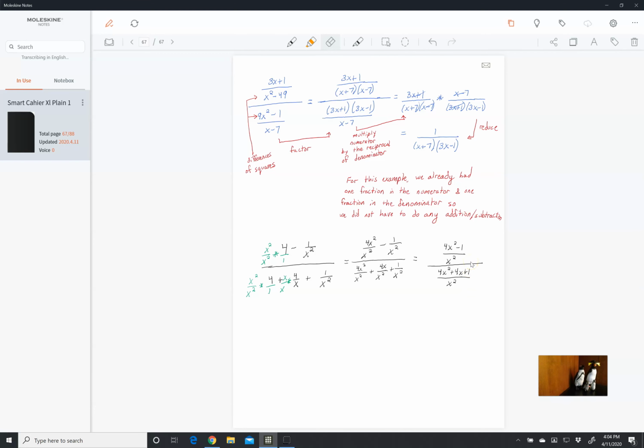Okay, so now it's time to multiply by the reciprocal. So again, this is like our step 1, finding the common denominator. This is our step 2. Now we're ready for step 3.